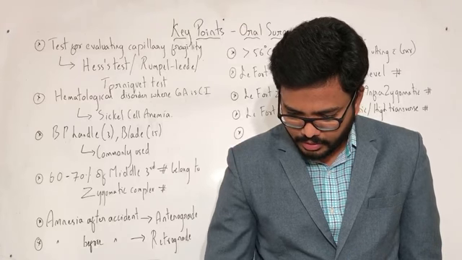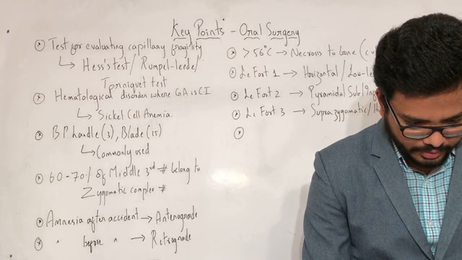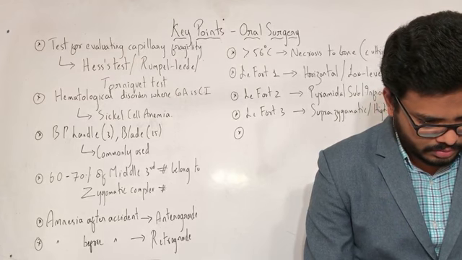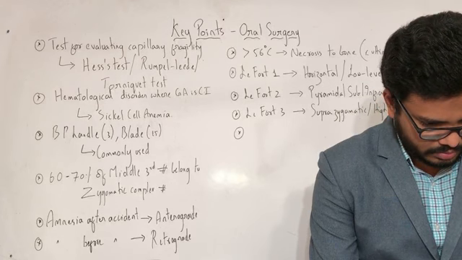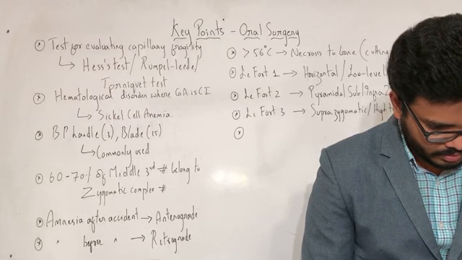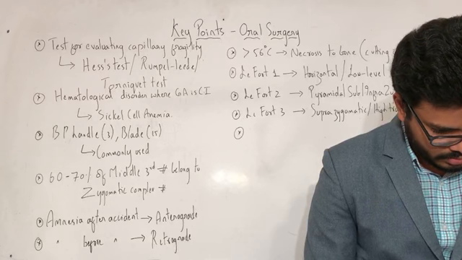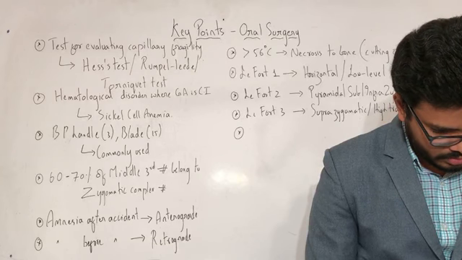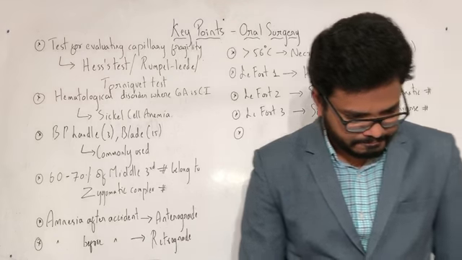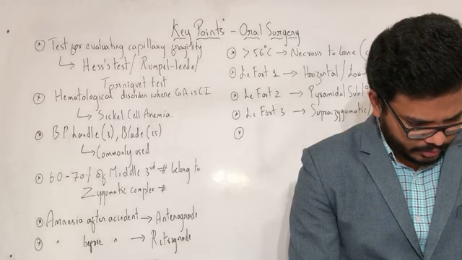So name the elevator which is used to elevate depressed zygomatic arch fracture. Rowe's forceps.